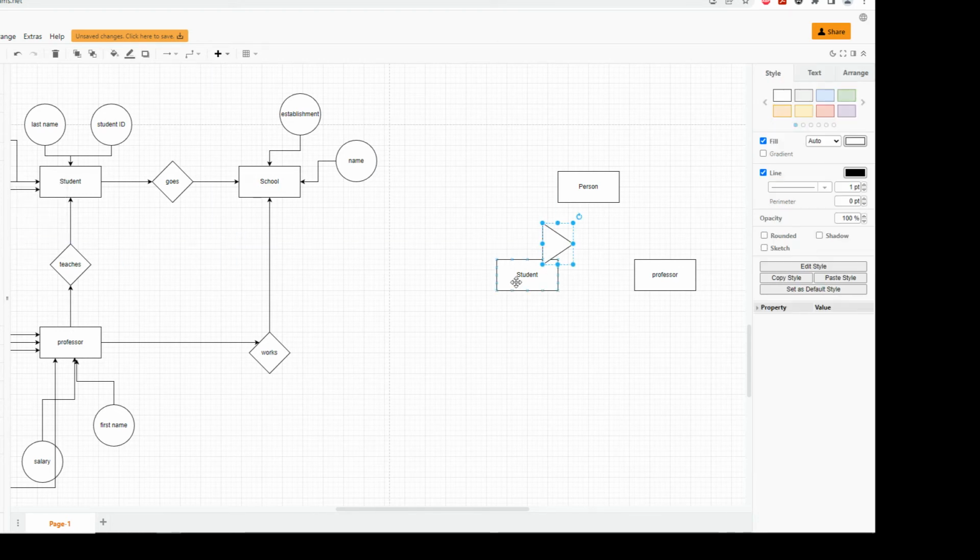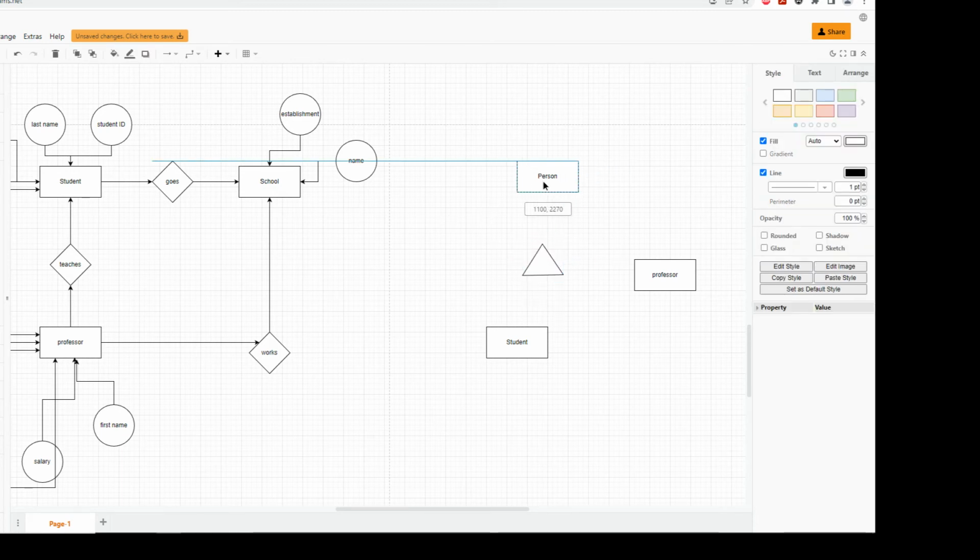If you have this, usually to identify type, you would use a triangle box. So in this case, you would have a student is a person. A professor is also a person.